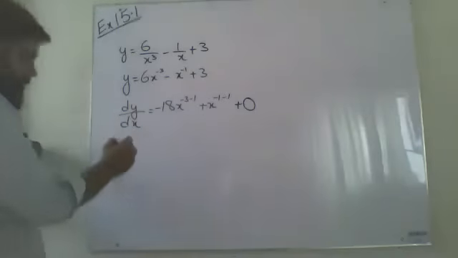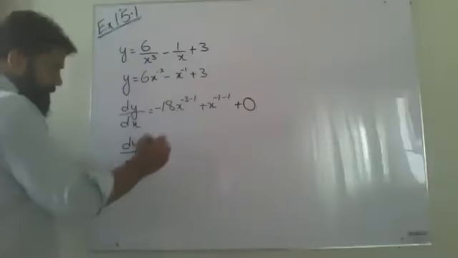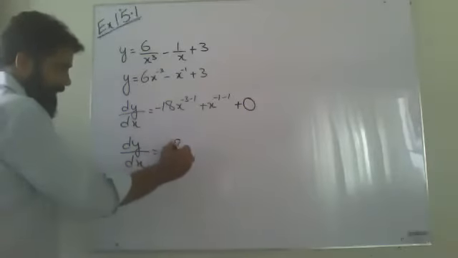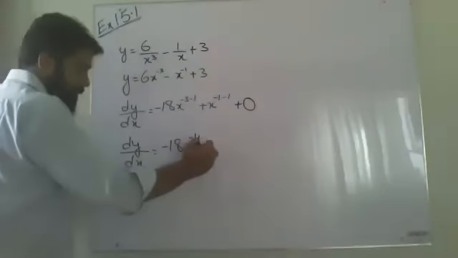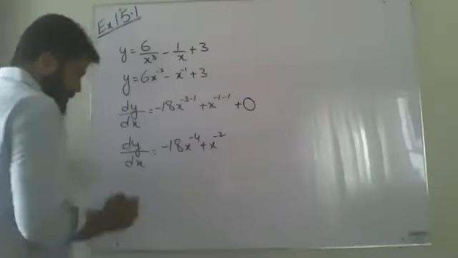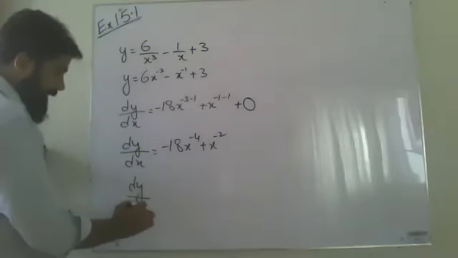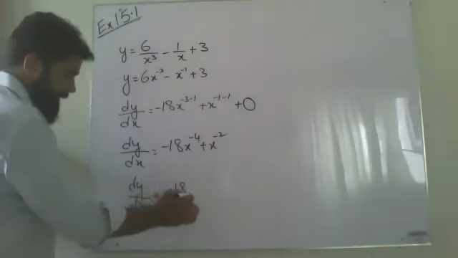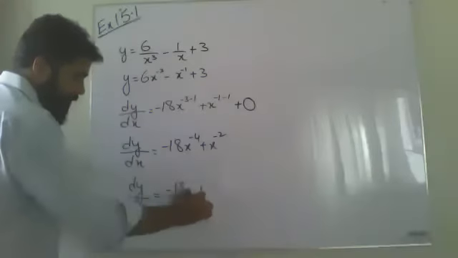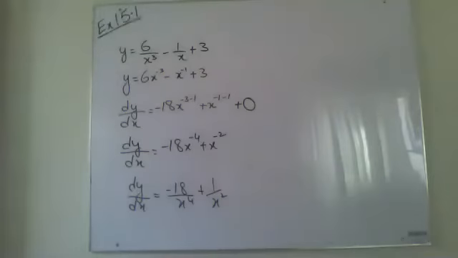Okay, so dy over dx equals, simplifying it, minus 18 x to the power minus 4 plus x to the power minus 2, and that is gone. dy over dx equals minus 18 over x to the power 4 plus 1 over x square. Okay.